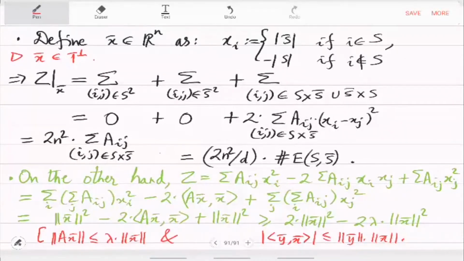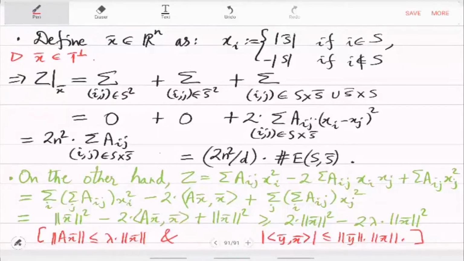Right. So the first thing, A x bar is less than or equal to lambda x bar. There you are using that x bar is orthogonal to 1, and lambda is the second largest eigenvalue in magnitude of A. So by the properties we have seen before, this is true. And second is simply saying that the inner product is bounded by the product of the lengths of the vectors, which is clear by geometry, because we are working in real Euclidean space.